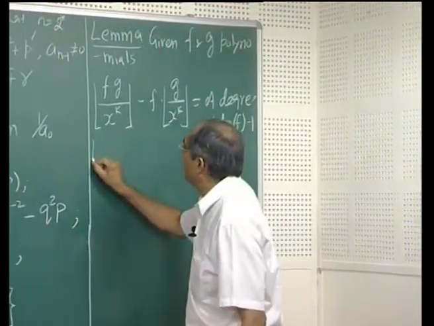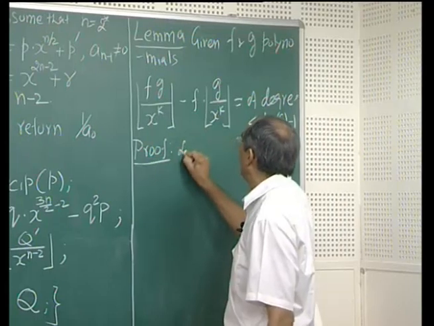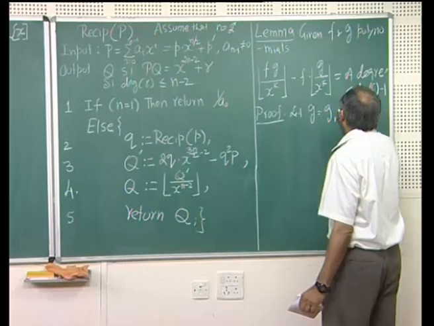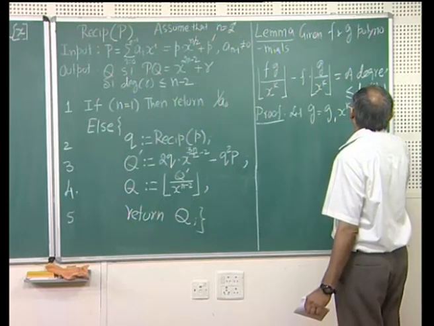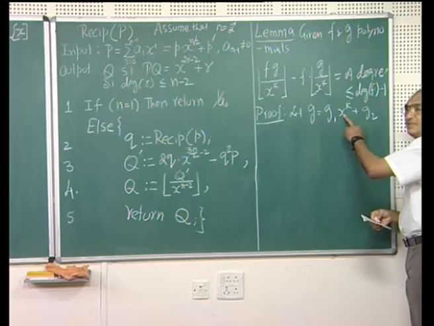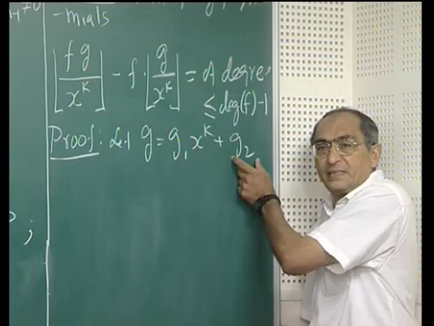To prove this, let g be written as g1 x to the power k plus g2. All the terms of degree less than k are put here. So, this has degree k minus 1 or less.